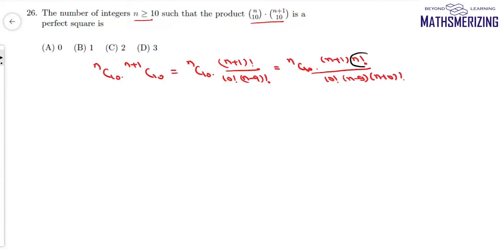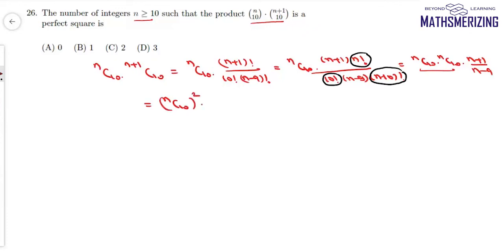Now factorial n upon factorial 10, factorial n minus 10 is nothing but nC10 again. So I can write this as nC10 into nC10 into n plus 1 upon n minus 9. So we can write it as nC10 whole square into n plus 1 upon n minus 9.